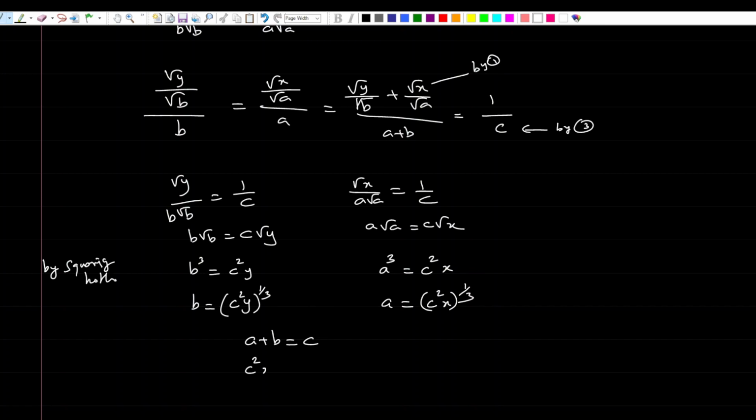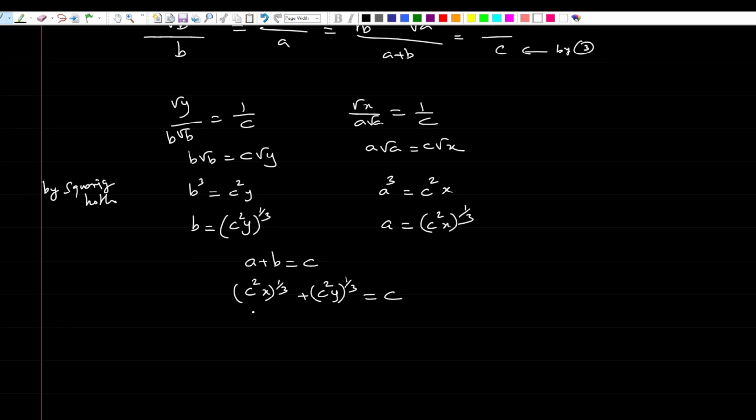Therefore, c square x the whole power 1 by 3 plus c square y the whole power 1 by 3 equal to c. Now, by separating this, we will get c power 2 by 3 x power 1 by 3 plus c power 2 by 3 y power 1 by 3 equal to c.